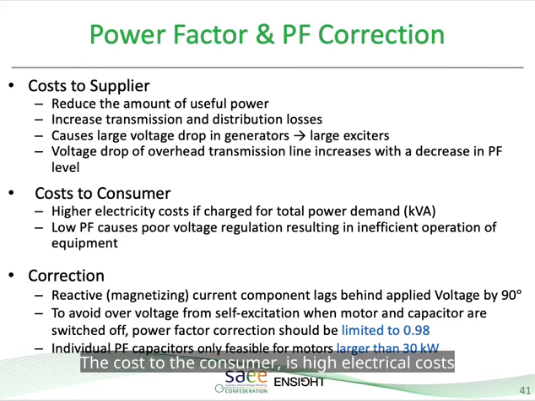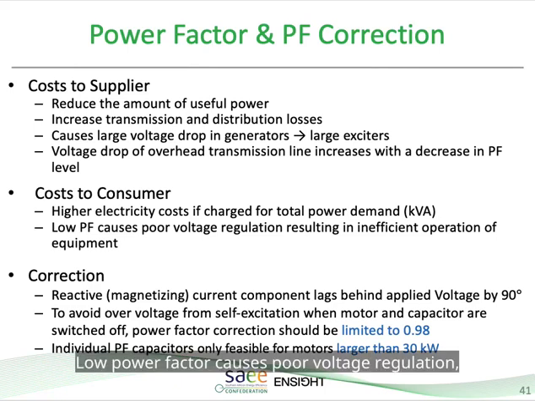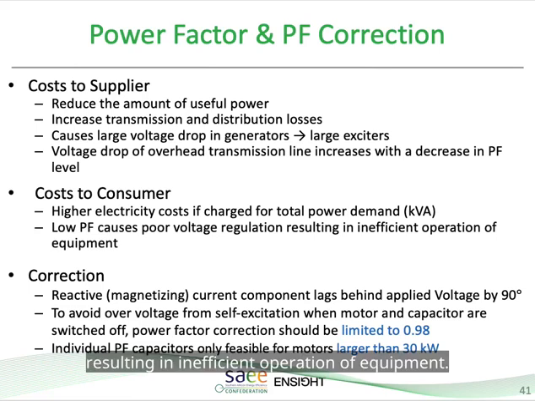The cost to the consumer. It's a high electrical cost if charged for a total power amount of kVA, which has been established to be Formosa's highest cost factor. Low power factor causes poor voltage regulation, resulting in inefficient operation of equipment.